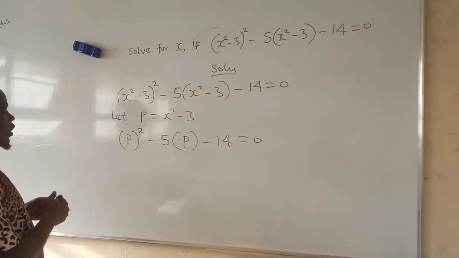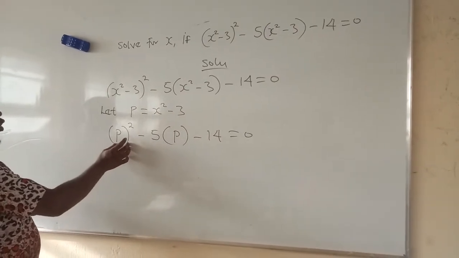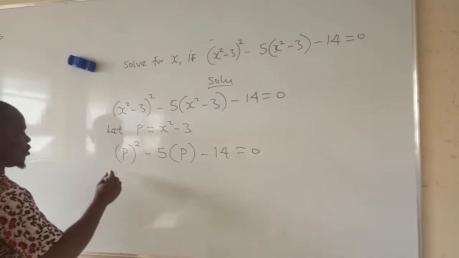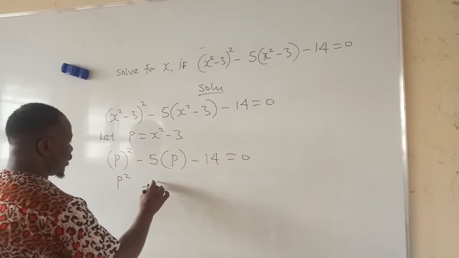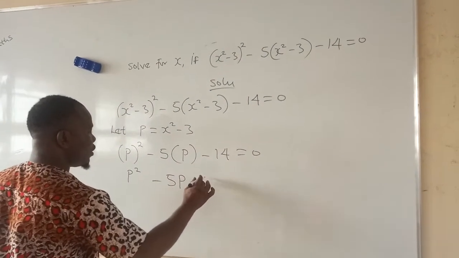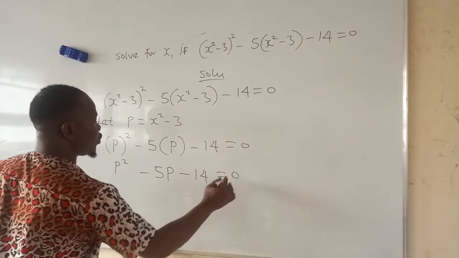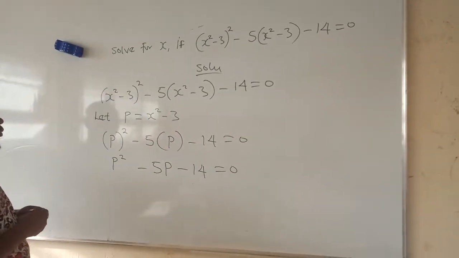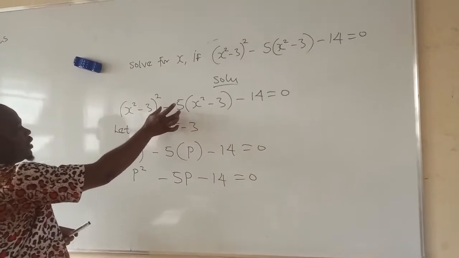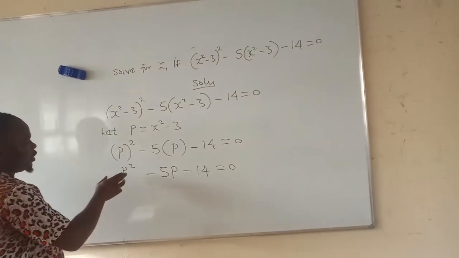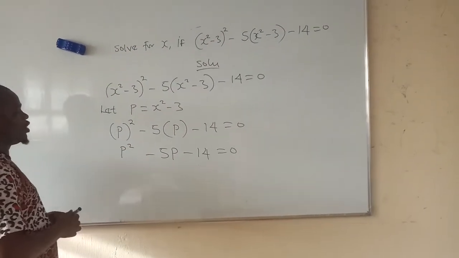We know that if we open this bracket, we are going to have P^2 minus, opening this bracket, 5P minus 14 equals 0. Amen? You can see that we have reduced this equation to a quadratic equation.